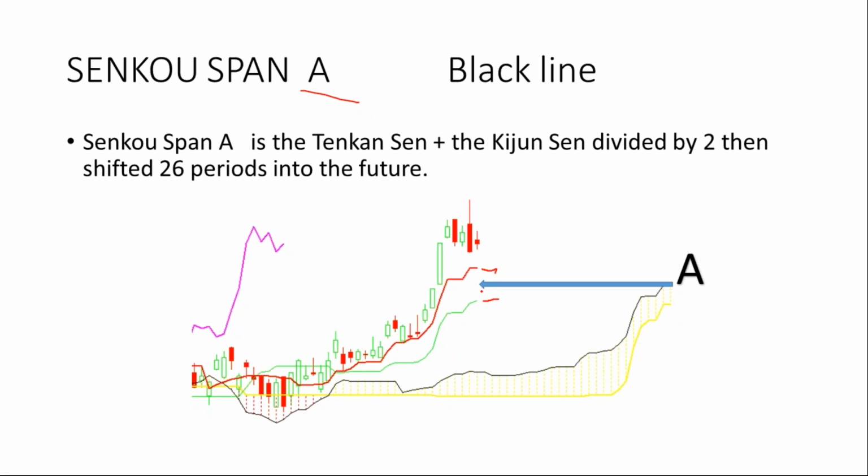It's actually those values divided by 2 again and projected forward. So as the Tenkan-sen and Kijun-sen move around, so does the forward line of the future cloud. It's simply a division of these two values, the midpoint of those two values, and projected forward 26 periods.